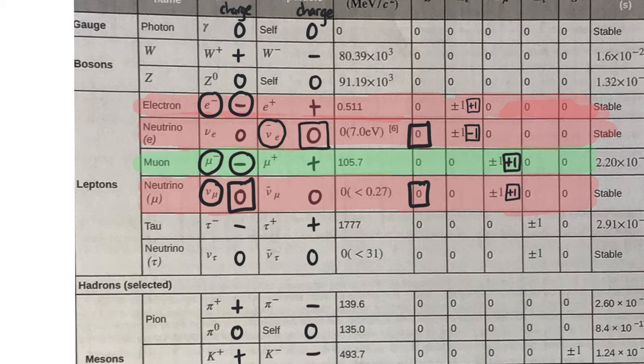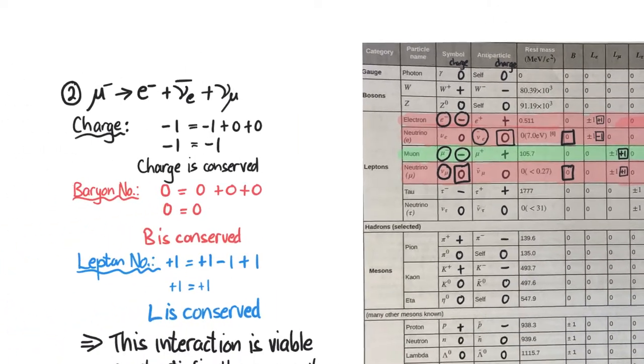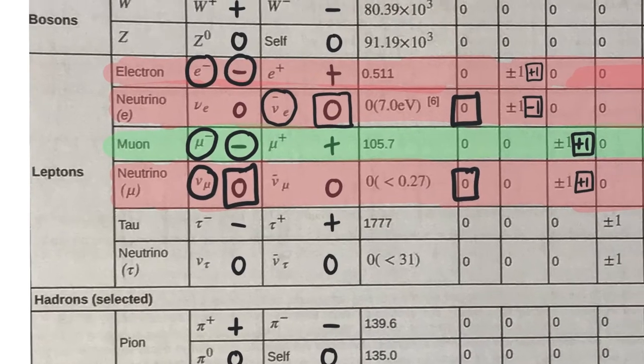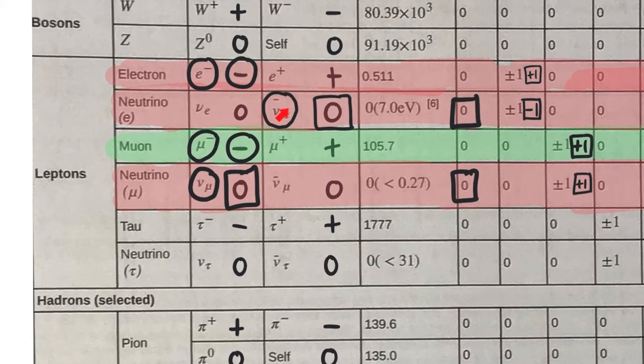We have the muon neutrino, which has a lepton number of +1, and if we look at the other one that we need, that would be the anti-electron neutrino. So if we look at the anti-electron neutrino here, we see that it has a lepton number of -1.